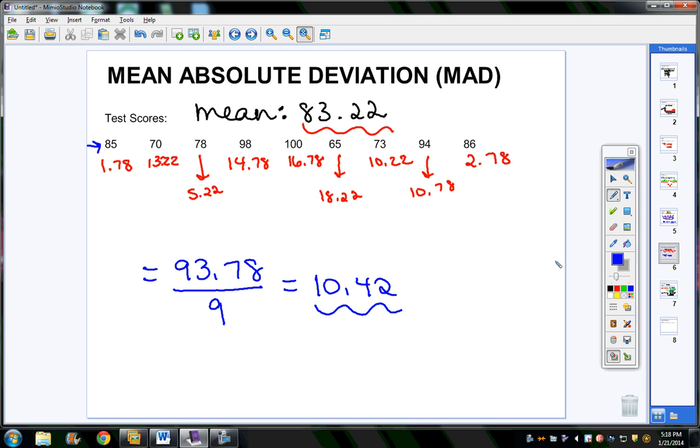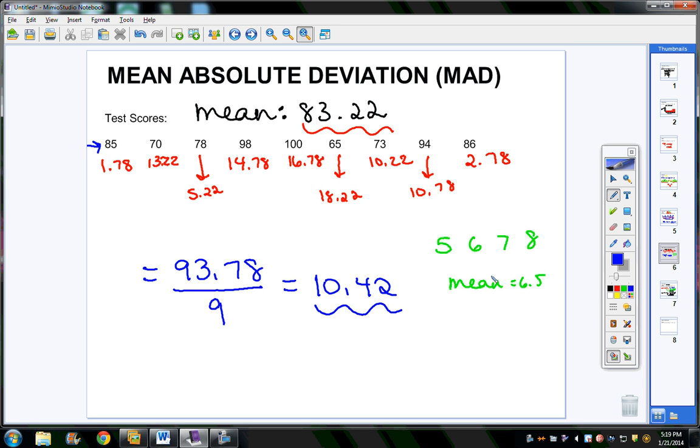Because, let's say I just give you 4 numbers: 5, 6, 7, and 8. I add them up, 5 plus 6 plus 7 plus 8, I get 26, and I divide it by 4, I get 6.5. So here, the mean is 6.5.